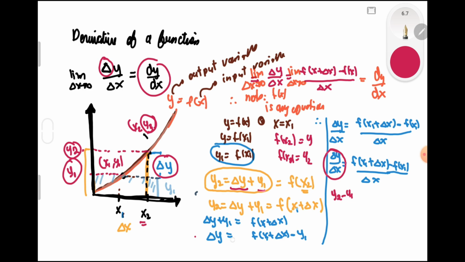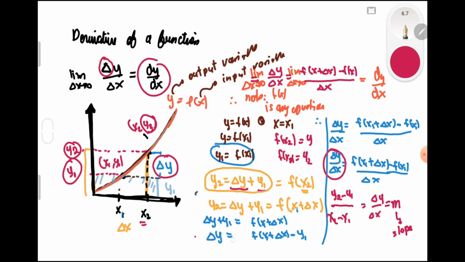So delta y is equal to y sub 2 minus y sub 1, and delta x is equal to x sub 2 minus x sub 1, which gives delta y over delta x. Going back to our formula in analytic geometry, this is your m, or our slope.